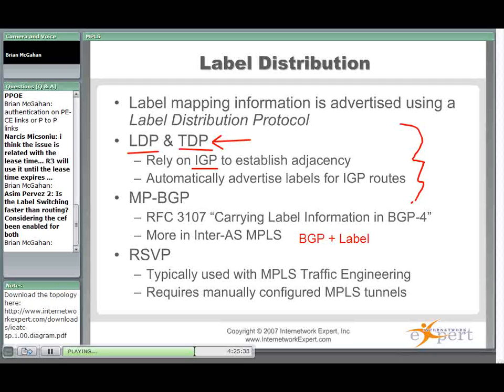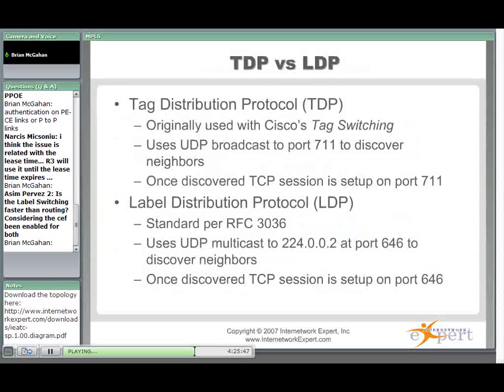But typically this is going to be used with traffic engineering in order to advertise what are the available resources in the network, hence resource protocol, and to reserve bandwidth throughout the network. So we're advertising what resources are available, and then we're making network reservations to make sure that transit between two different destinations has enough available bandwidth in the network core.